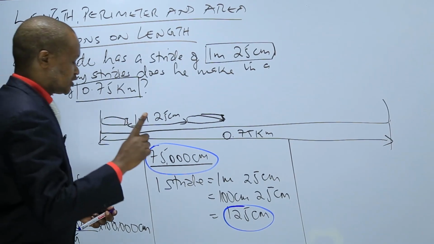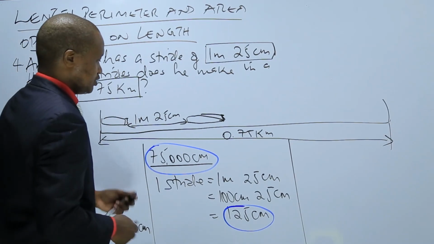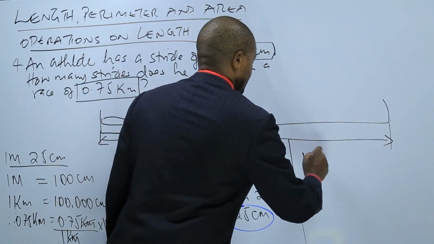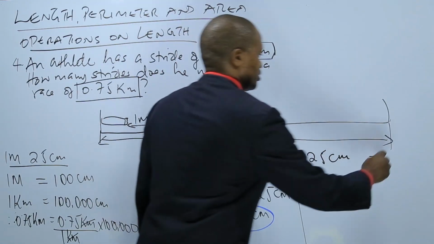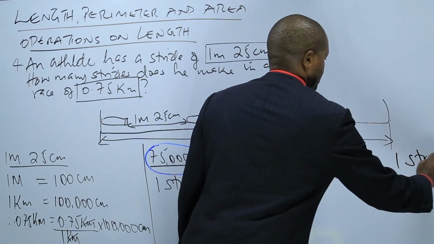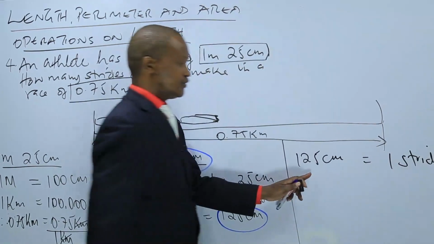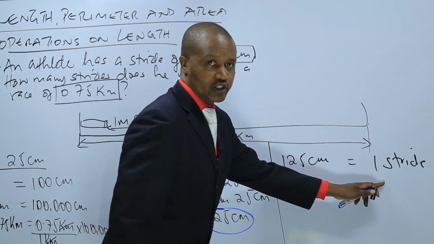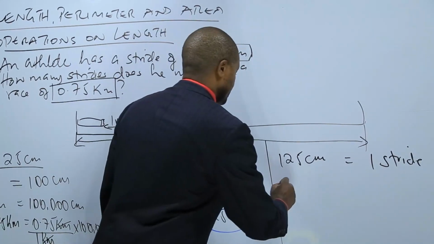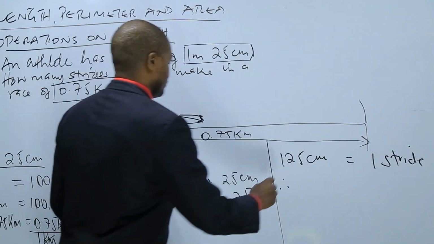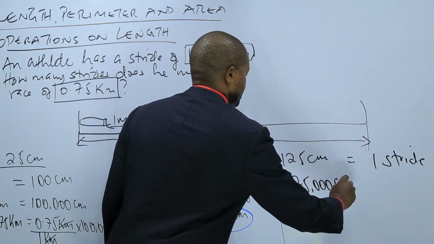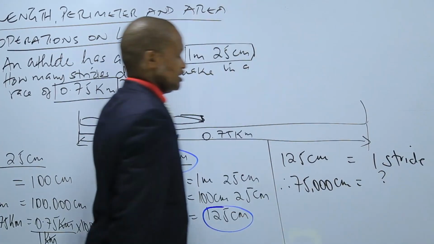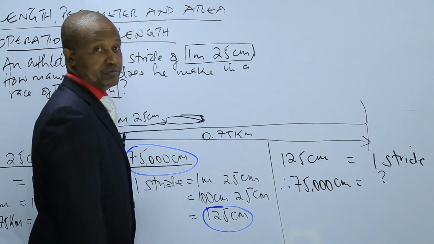So how many strides? We know 125 centimeters make one stride. Therefore, in a race of 75,000 centimeters, how many strides is this athlete expected to make?